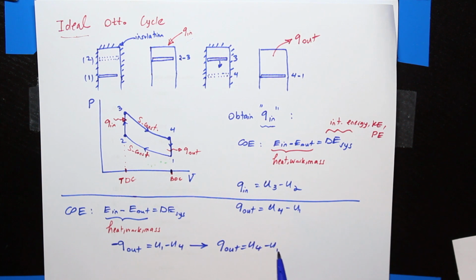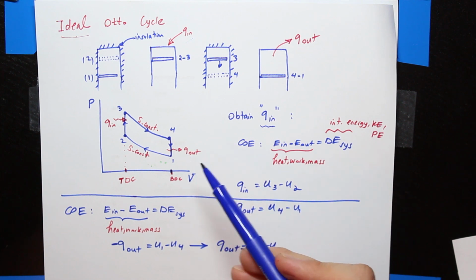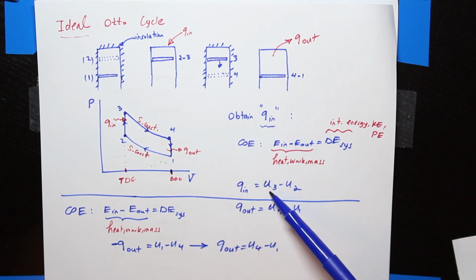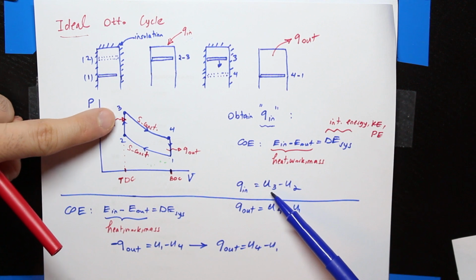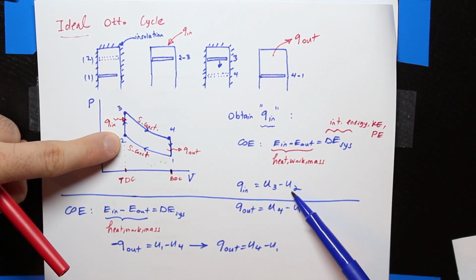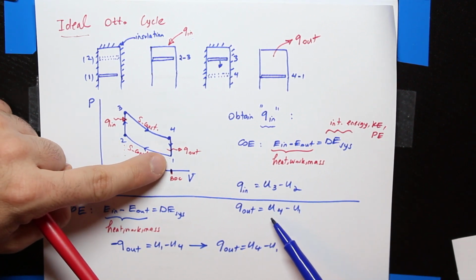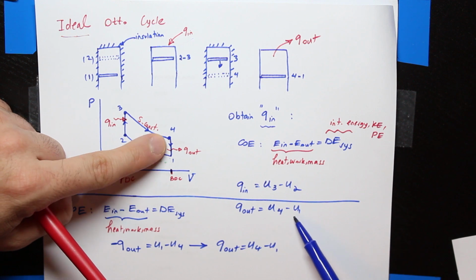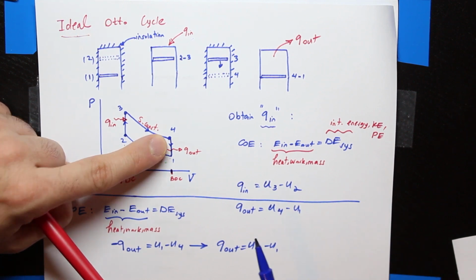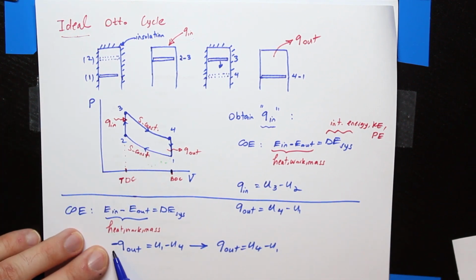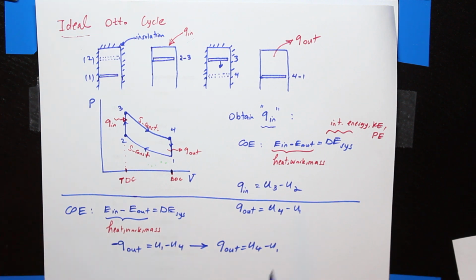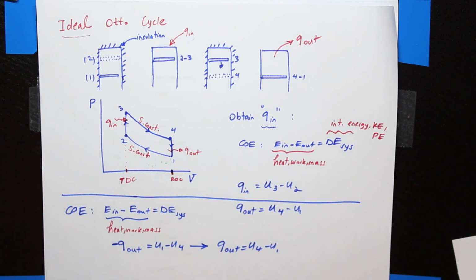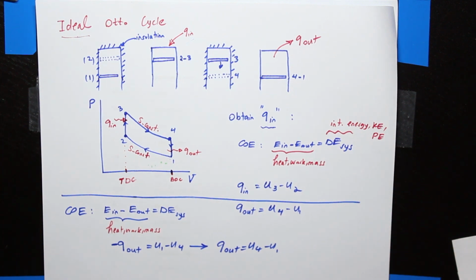So the reason that here we have U4 minus U1 instead of U1 minus U4, you may say, all right, this is final state minus initial state, so it should also be final state being U1 minus initial state being U4. No, that is not the case. Be careful that we do have a negative sign before the Q. So this is correct and this is correct. All right, so that was the review for the ideal Otto cycle.